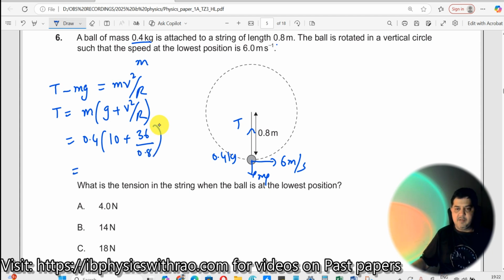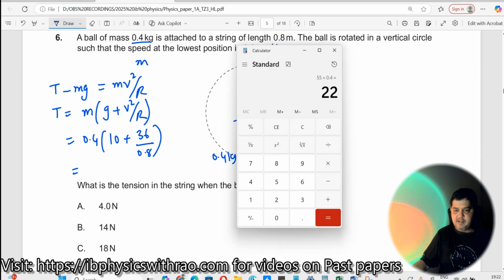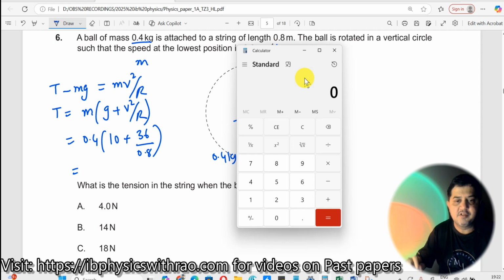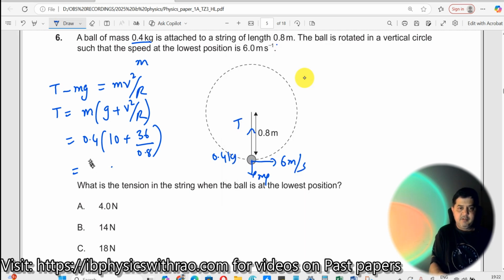Let's take the calculator. 36 divided by 0.8 would be 45. So this should be 0.4 into 10 plus 45.